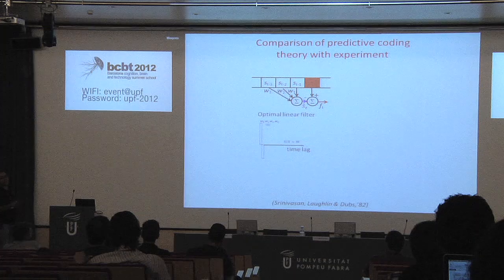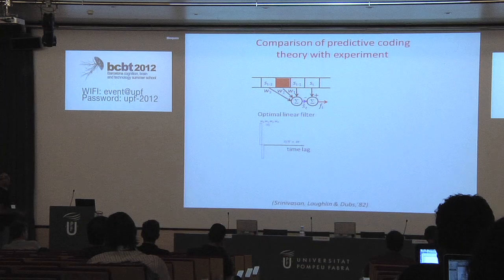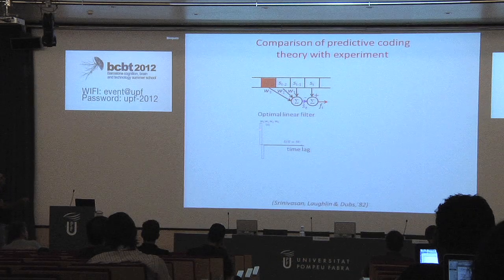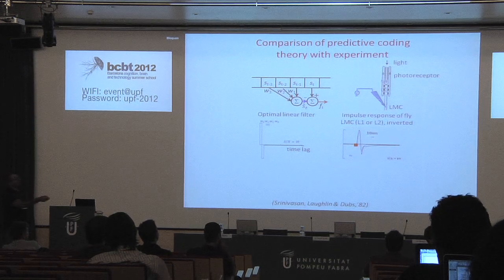But if nothing else is presented afterwards, at the next point of time, you should think of that flash as occurring one step before. And therefore, the response you would see at that time point will be that flash of light times coefficient w1. At the next point of time, the flash goes back in time even more, and then you're probing coefficient w2, w3, and so on. And this way, you can test the prediction for your optimal linear filter like this one by recording electrically from the neurons in response to a light flash.